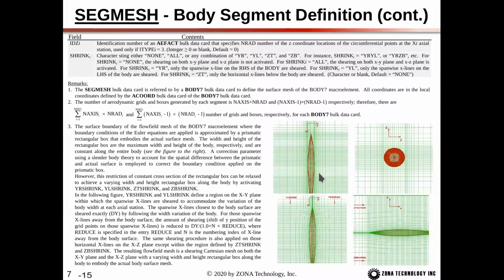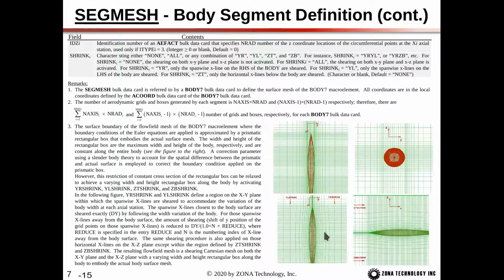It's a rectangular box, and when we look here at the front view, this would be our body box, and then ZEUS will map the slopes of the surface mesh onto the body box here, and then use the transpiration boundary condition to model the effects of this body in the flow.